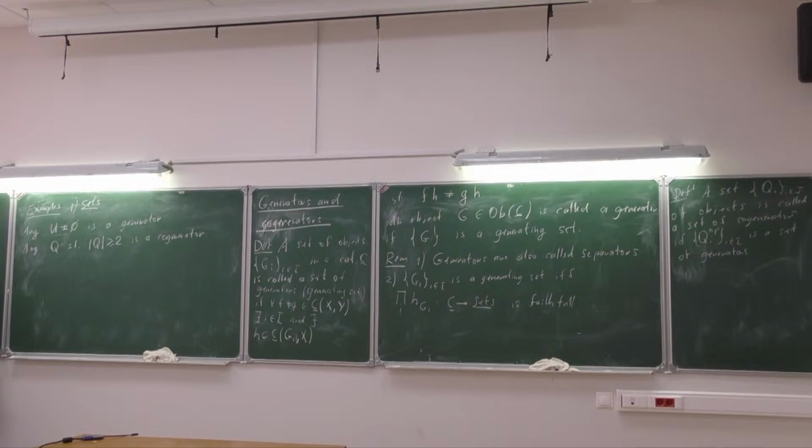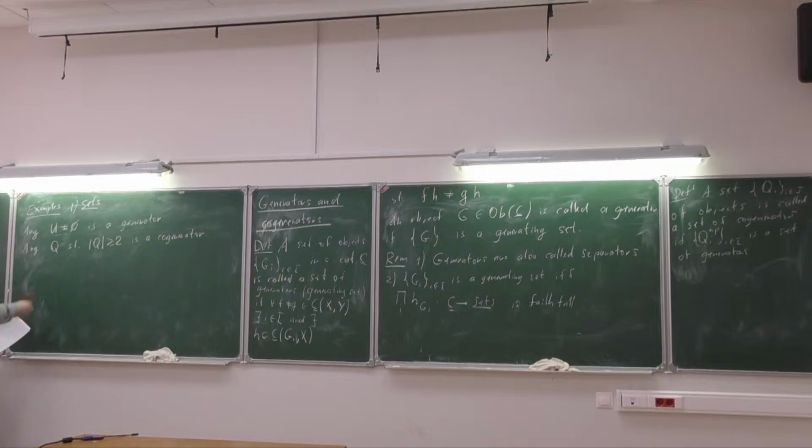Because we have two points which are different from each other, so we can send one point to one and the other to the other. Yeah, that's the reason. So you see that this exercise is a little bit too easy for the seminar.